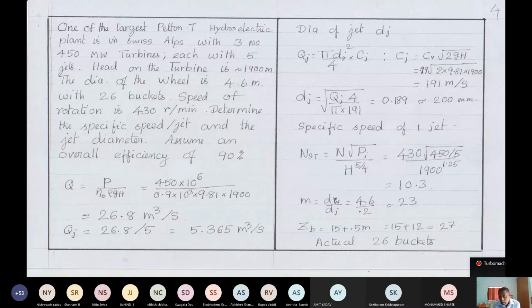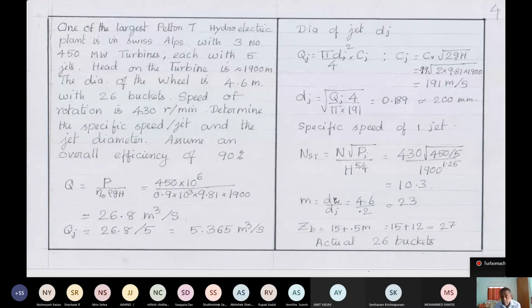Okay, so this jet velocity Cj is equal to Cv into root of 2 gh. So substitute head there, 1900 meters. You get a velocity of 191 meters per second. Okay, now to get the diameter of the jet, you get the expression from the previous equation.